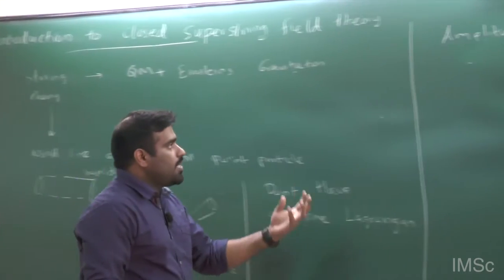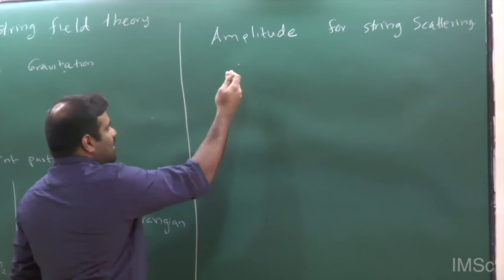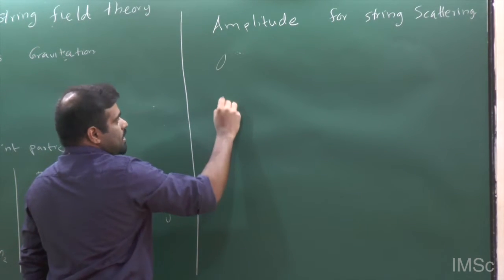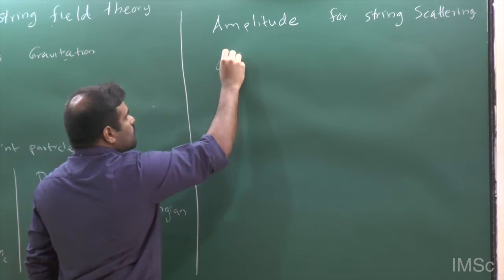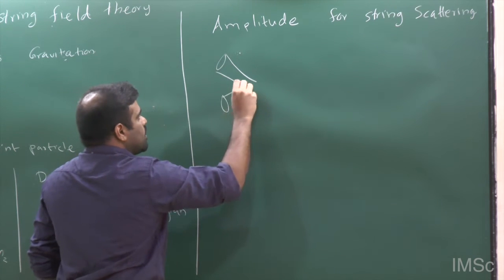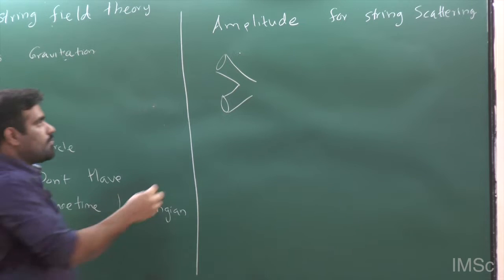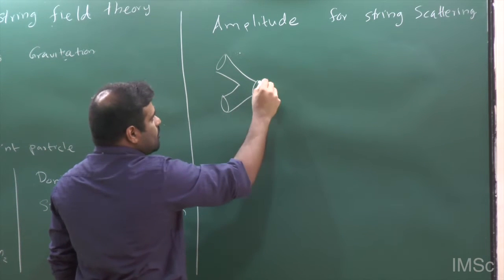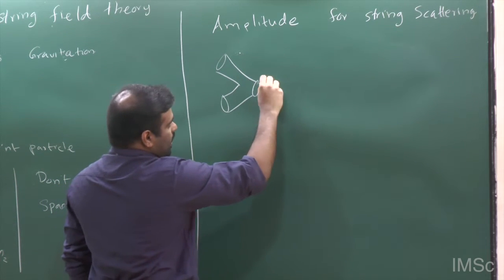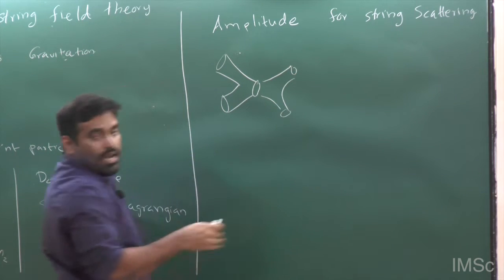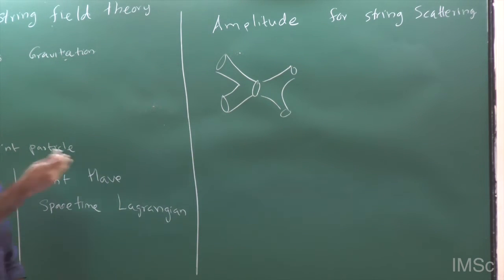So the way you define interaction in perturbative string theory is very simple. You consider, say, two or more strings, and then allow them to interact. When they interact, they merge together and give you a single string. And then this intermediate single string can again produce a set of other strings, and this happens again and again.